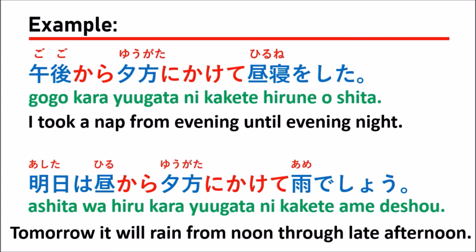Are you seeing here, for the first sentence they say gogo kara yukata ni kakete, which means you start from point one, gogo, which means evening. Yukata means evening night. Gogo is from 12 p.m., yukata is from around 6 p.m., right? So 12 p.m. until 6 p.m., around that, the situation is in that range.